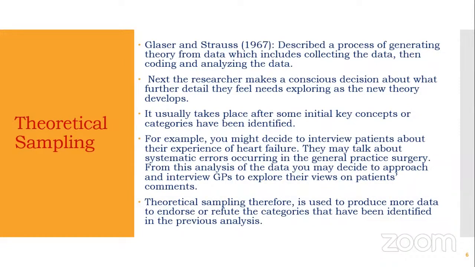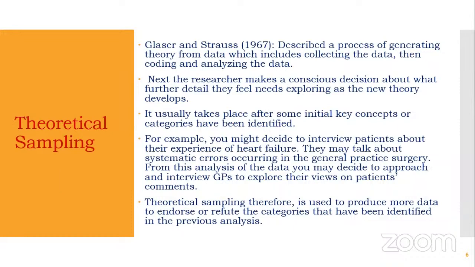You might include some other setting, or some other type of data as well, to substantiate your theoretical assumptions. So theoretical sampling here is used to produce more data to endorse or refute the categories that have been identified in the previous analysis.